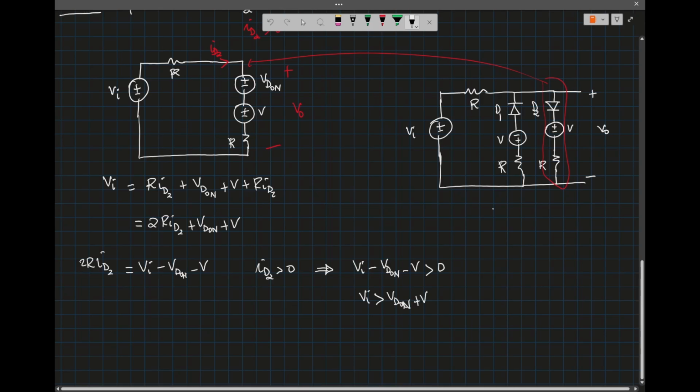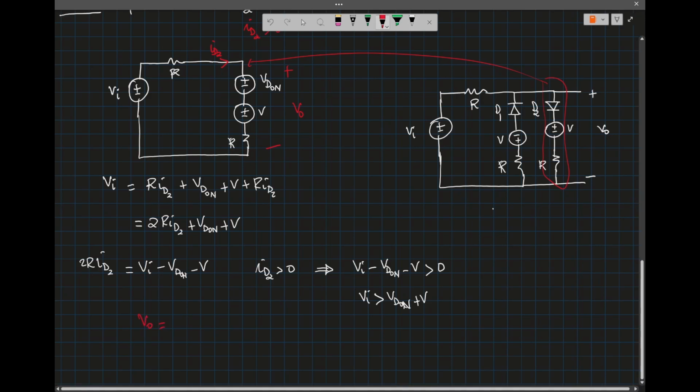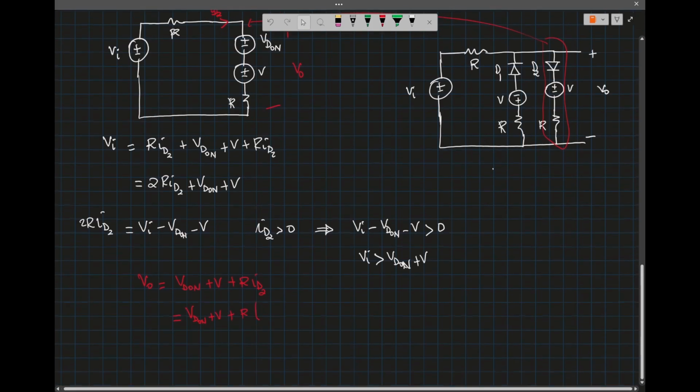and the output V0 is VD on plus V plus R ID2. So that's VD on plus V plus R times VI minus VD on minus V divided by 2R.